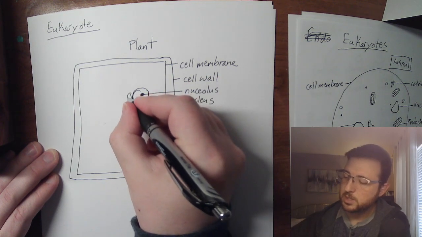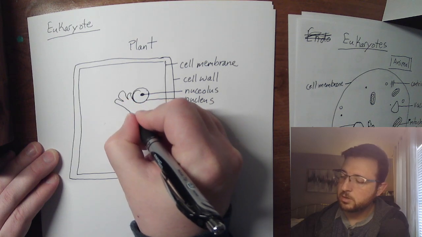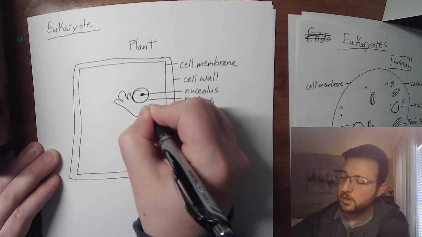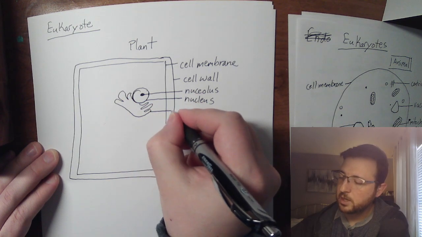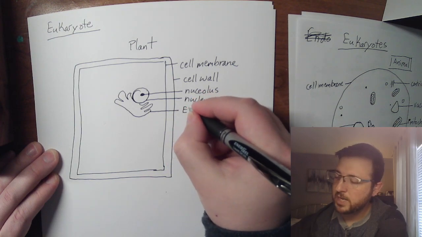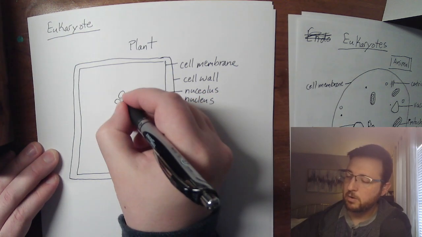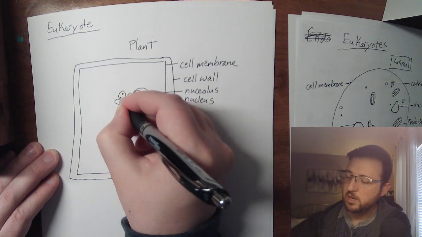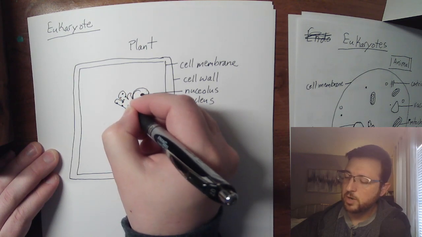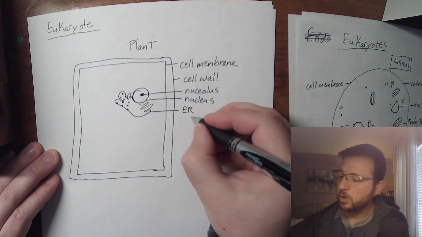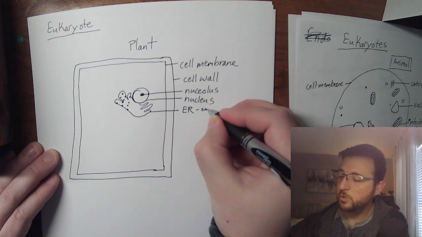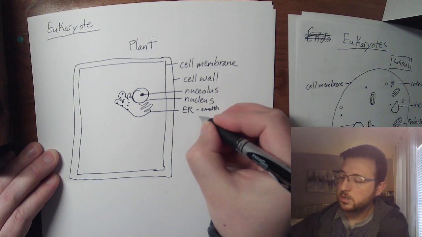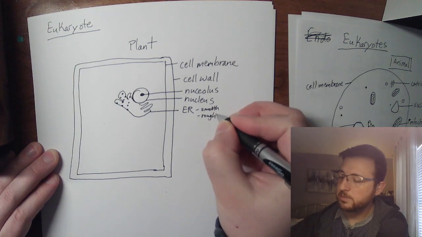They will, just like the animal cells, also have this endoplasmic reticulum. And I'm just going to write ER because we already did that earlier. And I think this video is getting a little long, so we're going to try to keep it short. They have both smooth ERs and rough ERs.